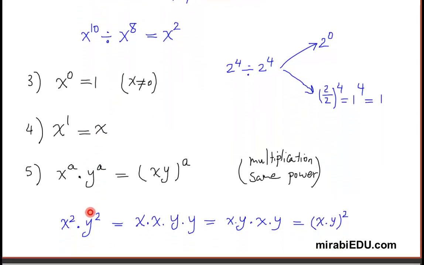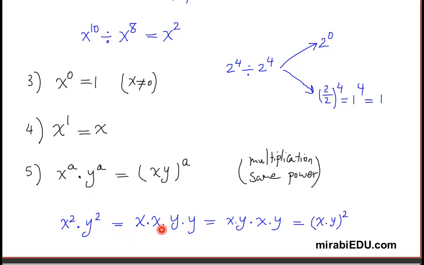Here is another rule. When you have two exponential numbers with the same power multiplied by each other, you can keep the same power and multiply the bases. This is multiplication of power numbers with the same power. So we keep the power and we multiply the bases. For example, x squared times y squared equals x times x times y times y.